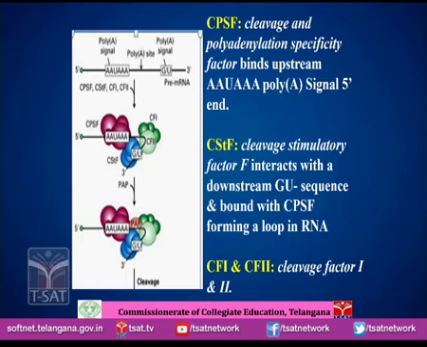The binding of CPSF brings the binding of CSTF at the GU rich sequences, which is at a greater distance. The region in between the CPSF and the GU rich sequences, where exactly the CA is present, forms a loop-like structure, and that is where CF1 and CF2 bind.